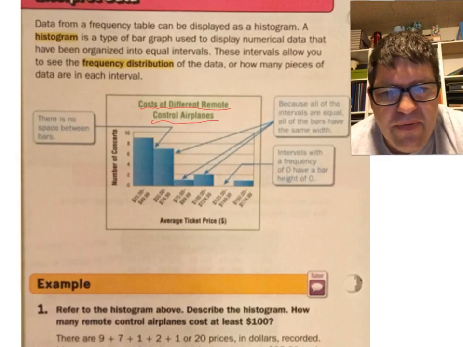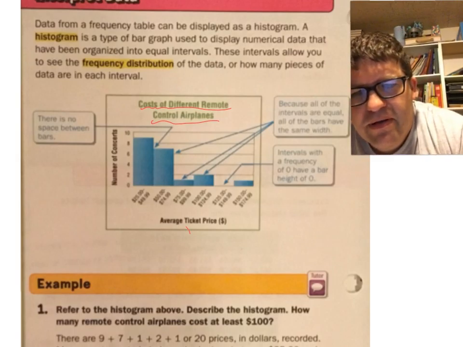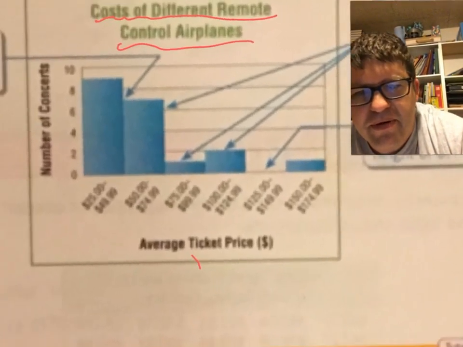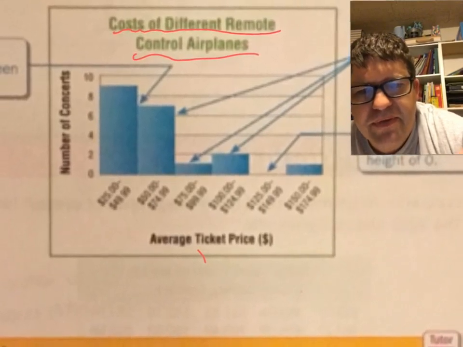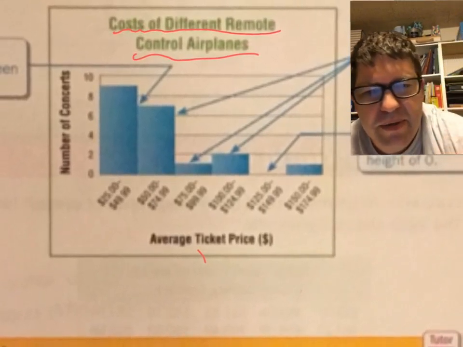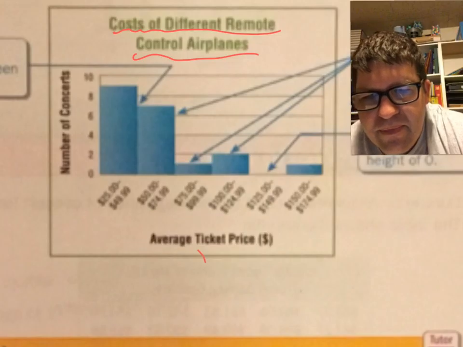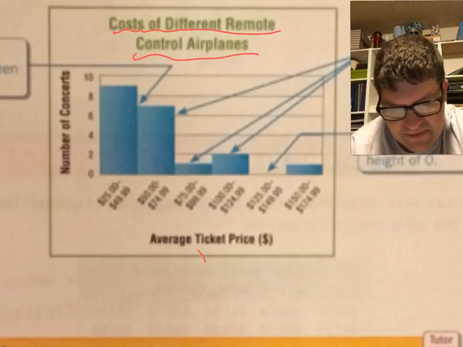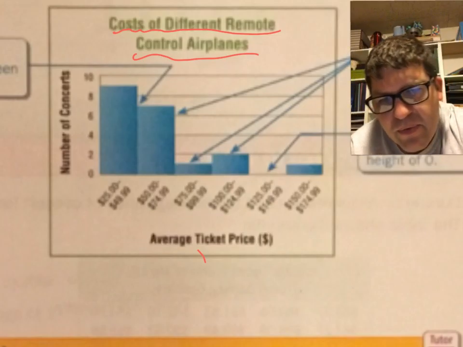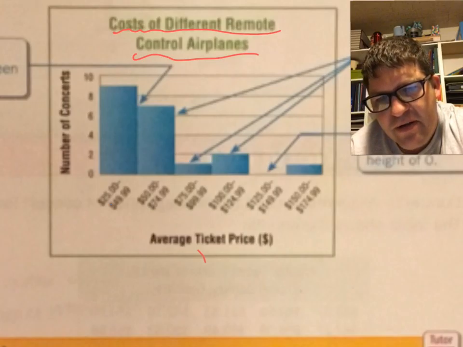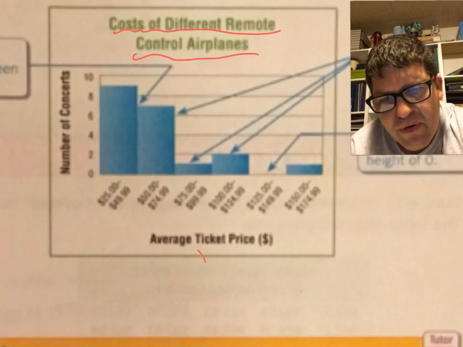And the intervals, let me see if I can make this a little bigger. It's really hard to see. Sorry about that. It is $25 to $49.99, $50 to $74.99, $75 to $99.99.